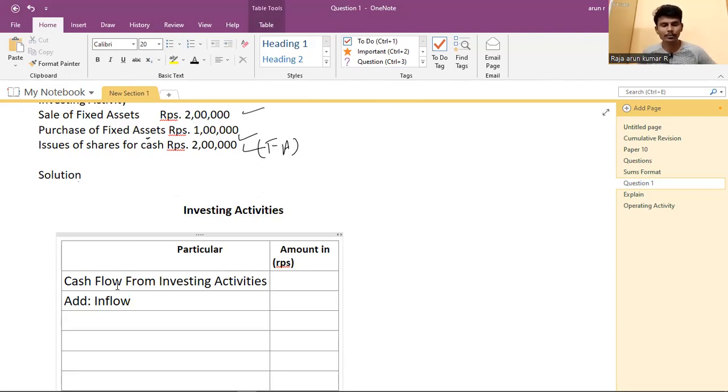Sale of fixed asset. When we sell our fixed asset, cash comes in. So this is an inflow of cash, rupees 2 lakh.